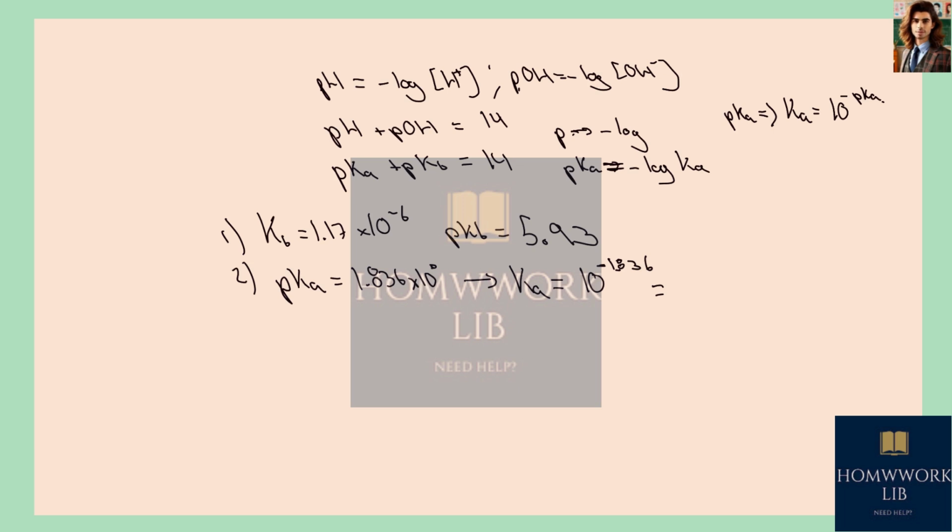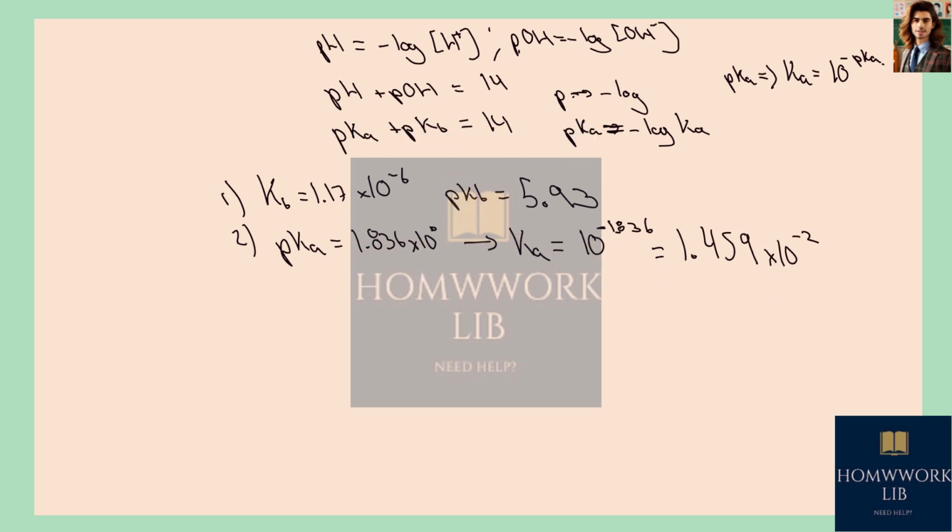So, yeah, this result is going to be 1.46. Well, to keep the same amount of significant figures that we are using, 1.459 times 10 to the minus 2. Sorry, times 10 to the minus 2 directly. I got a little bit ahead with the concentration of H plus and so on. So this would be the value for Ka.